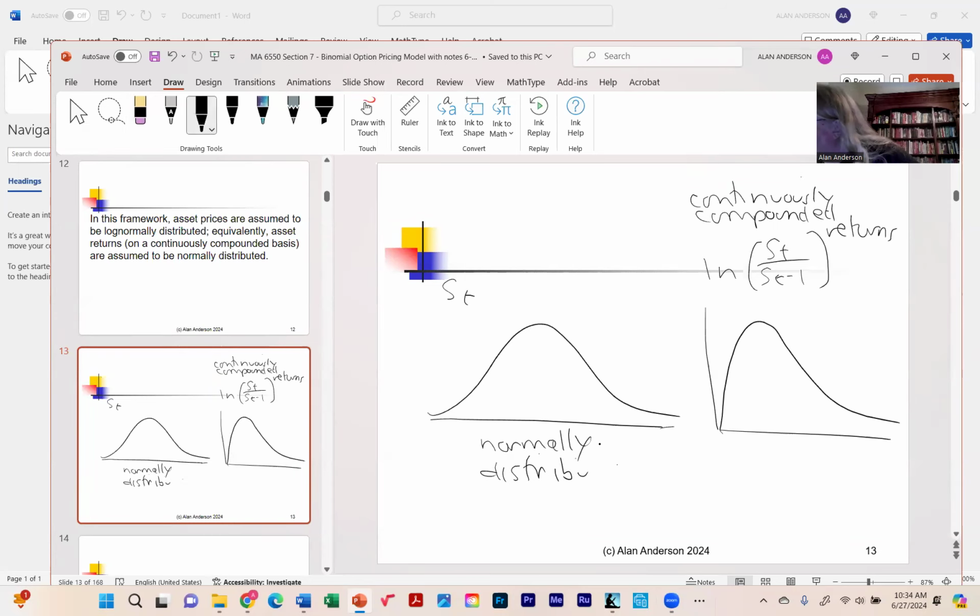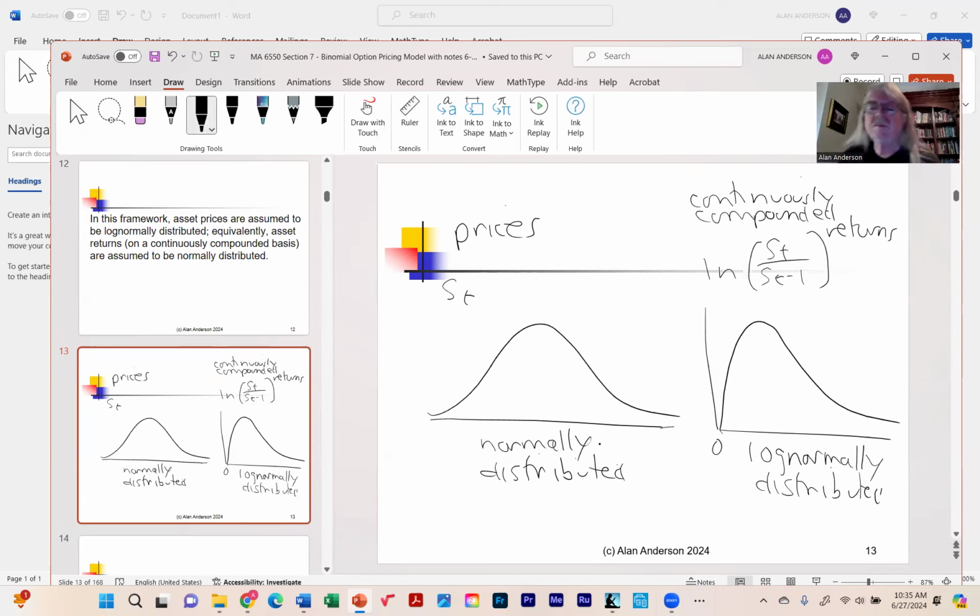Normally distributed prices implies that the continuously compounded rate of return is what we call log normally distributed. Which implies that log x, so here x is normal, then over here, this implies that log x is normal. So the returns are said to be log normal.